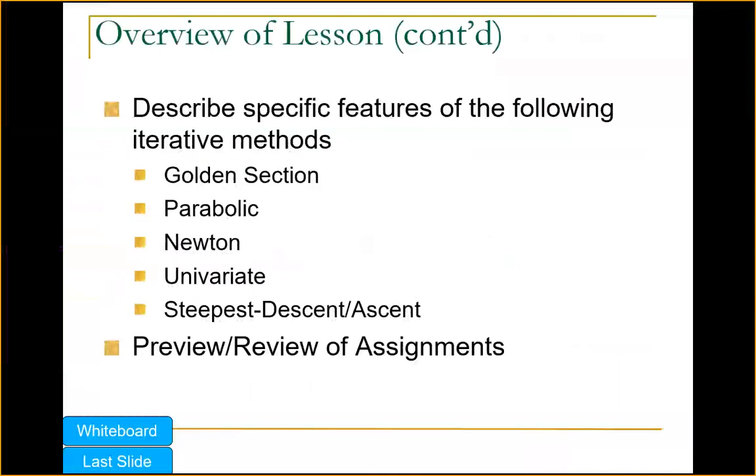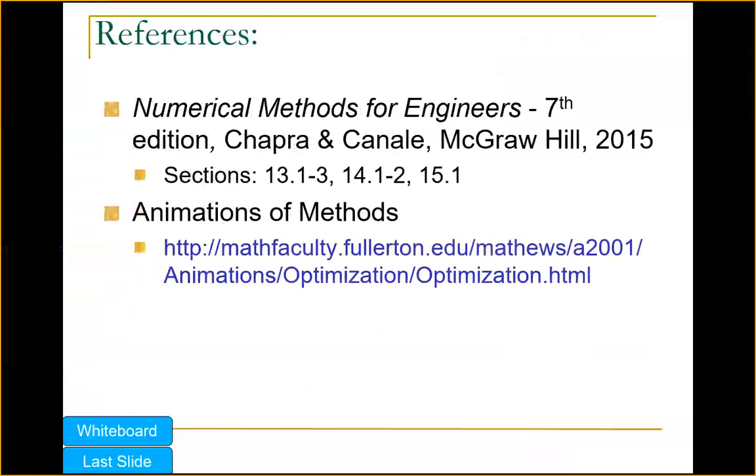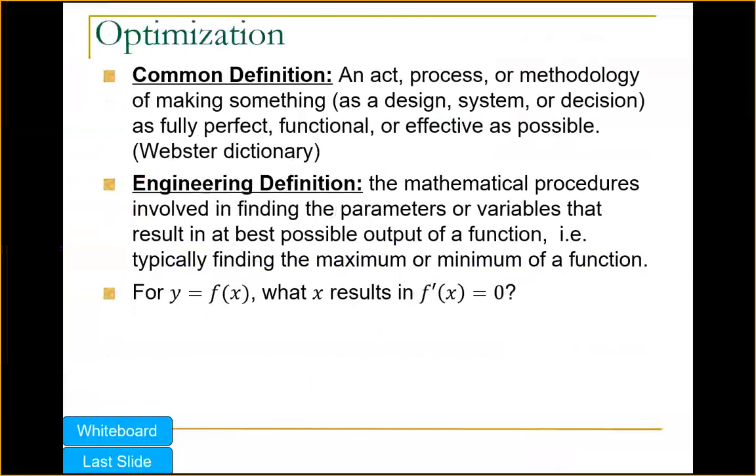So there are 5 methods, and we're going to just go through those 5 methods quickly. There are some animations for them also. Alright, so we look at those animations. So quickly, what is optimization? By the way, note, optimization is also an iterative method. We are still going to have to go through loops and so forth.